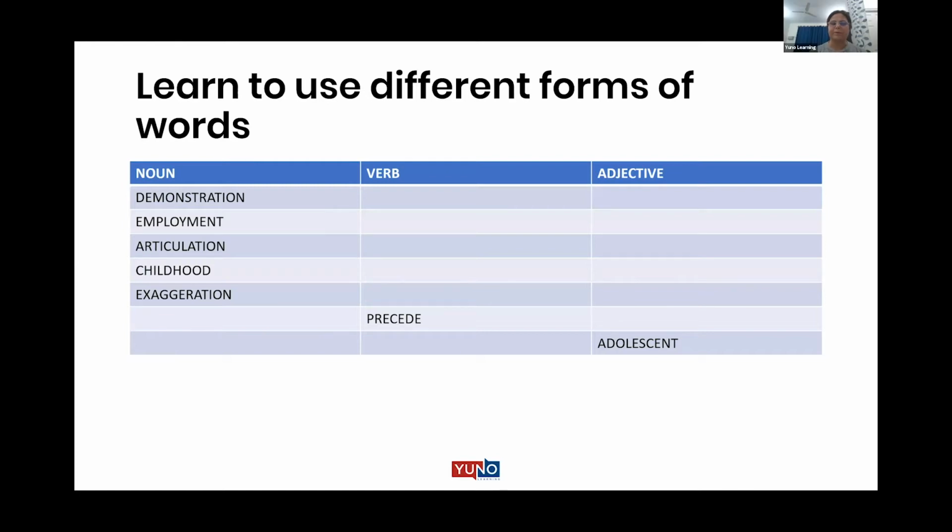Demonstrating seminar. I think the adjective form can be demonstrative. Demonstrative. All right. What can be demonstrative? In a sentence, we can express something like that. The practical class in the college was very much demonstrative.